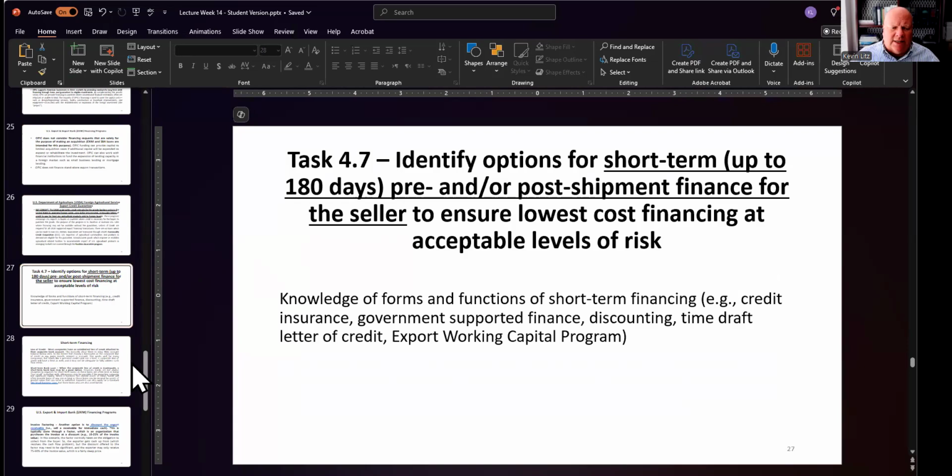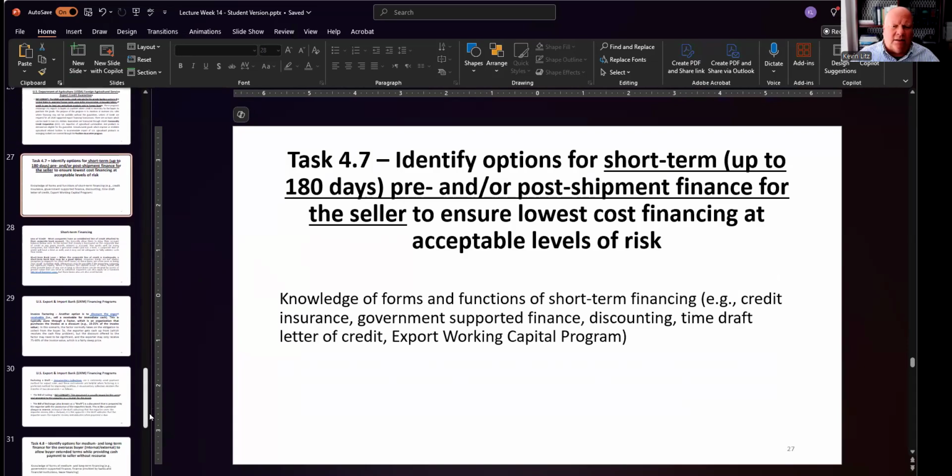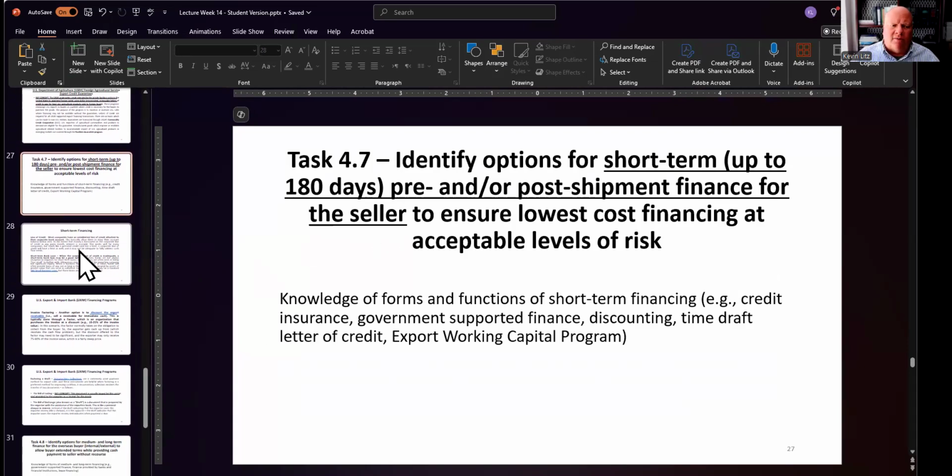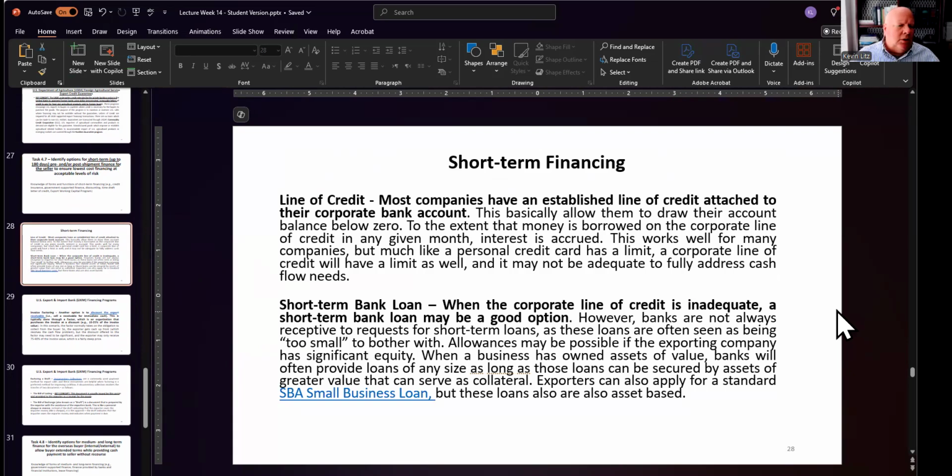Let's jump to the next task, our final task, and that is short-term financing as opposed to medium to long-term financing, which we've just been talking about. Short-term, most businesses will have a line of credit established with their own corporate bank. Some banks will not only do the operating line of credit, but you may be able to apply for even more line of credit.